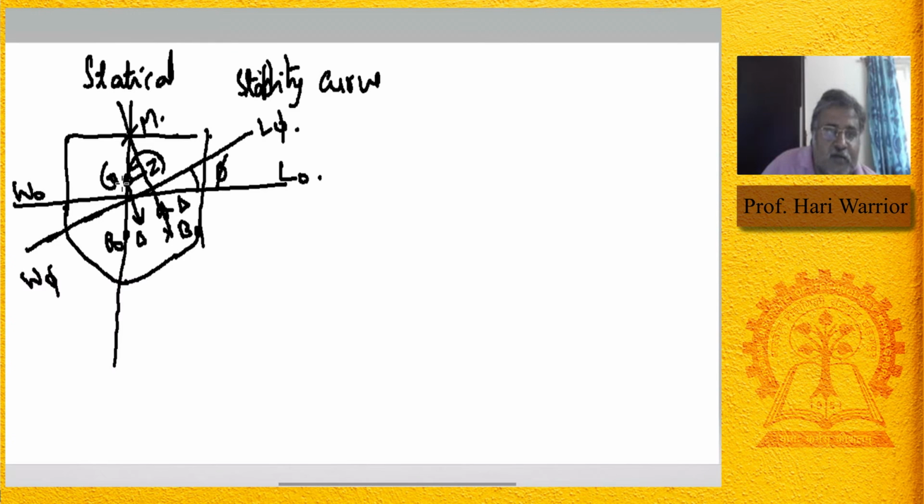So I drop a perpendicular from G onto this line, and that is Z. Remember, these terms are not used interchangeably. You cannot use B for gravity, and you cannot use Z for anything else. This gives the point GZ, and this GZ is known as the righting arm.